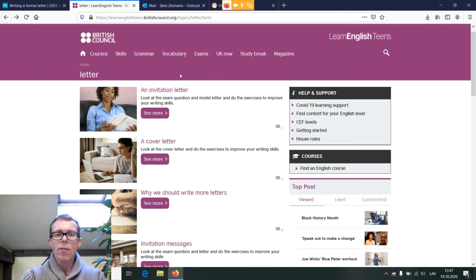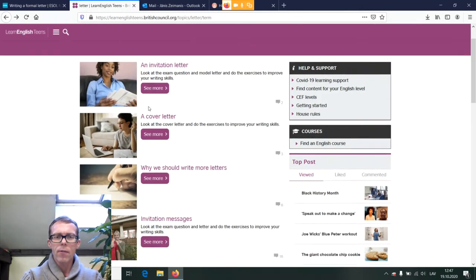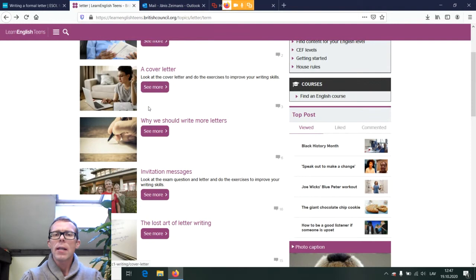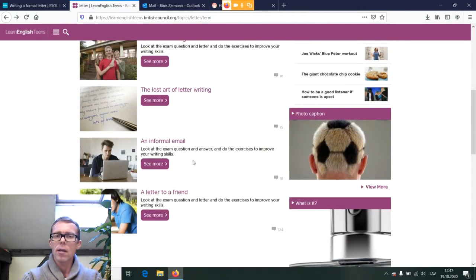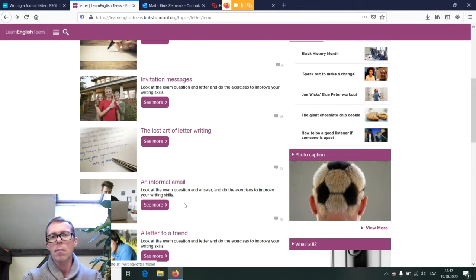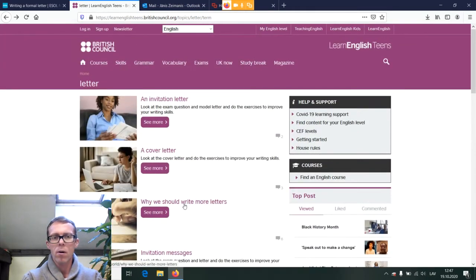Here you can see several of those. There is an invitation letter, cover letter. These are different kinds of formal letters. And further on, we could also notice that there are a few informal letters as well. So, informal email and a letter to a friend. But as I indicated in my previous video, informal email basically means informal letter in the exam context.